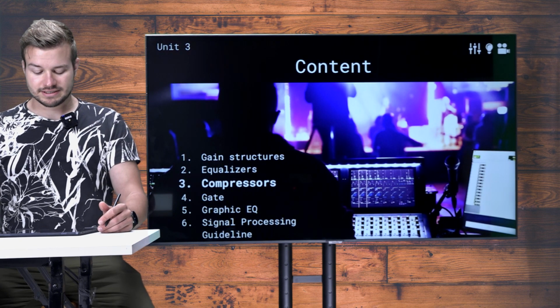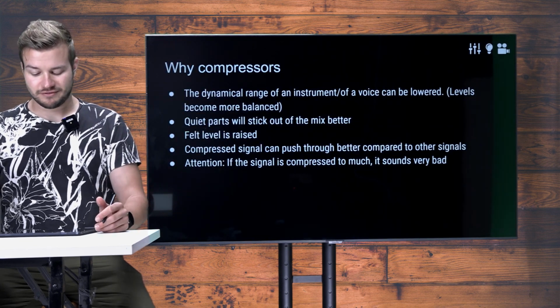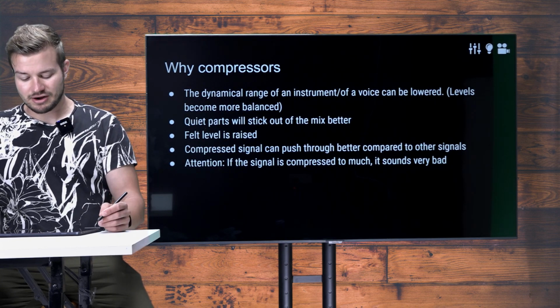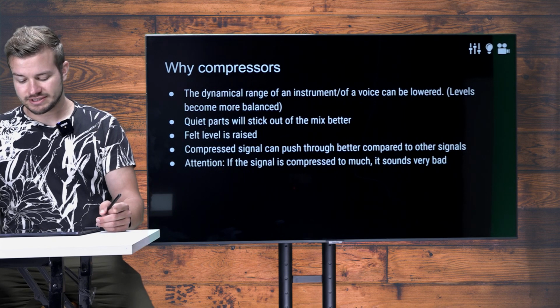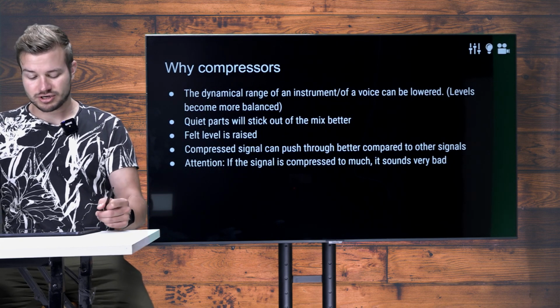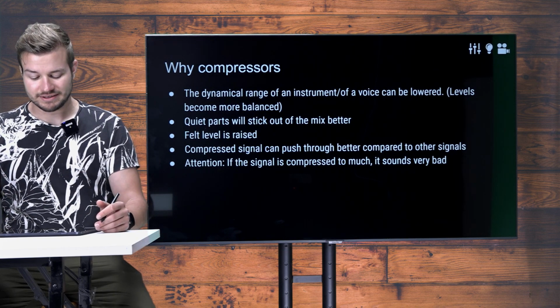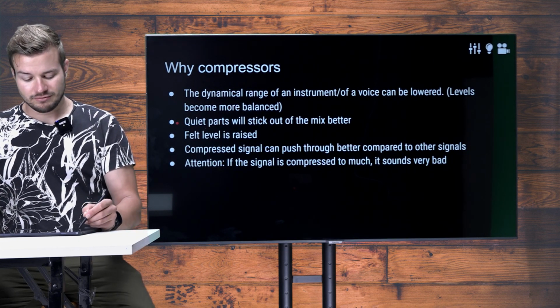So let's go into this whole compressor thing. Actually, I've now already talked about the things. The dynamic range of an instrument or a voice can be made smaller or can be lowered, and this is how we can get more balanced levels. Yes, that's what I mentioned too.